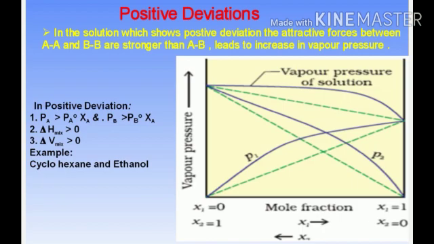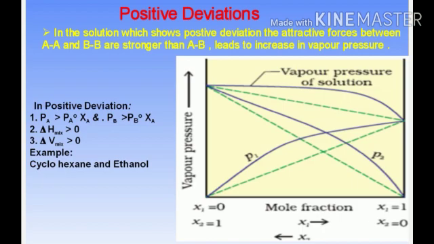In the binary solution showing positive deviation, AB forces of interactions will be less than AA and BB forces of interactions. In other words, intermolecular force is lowered on mixing the two components A and B. As a result, partial vapor pressure of each component will be greater as expected in case of ideal solutions of same composition.